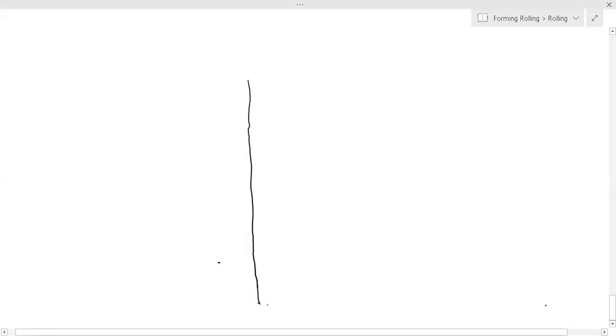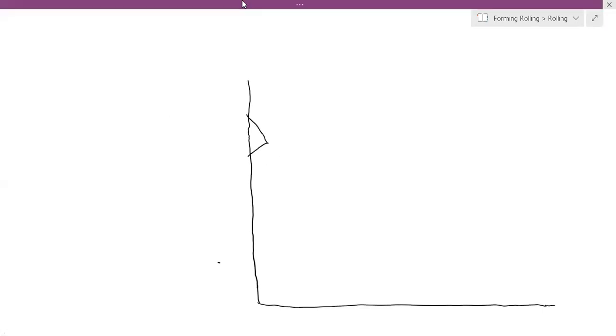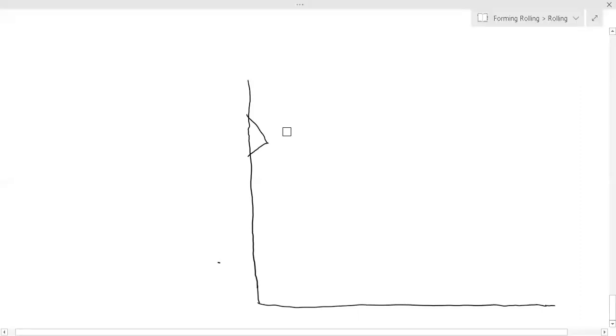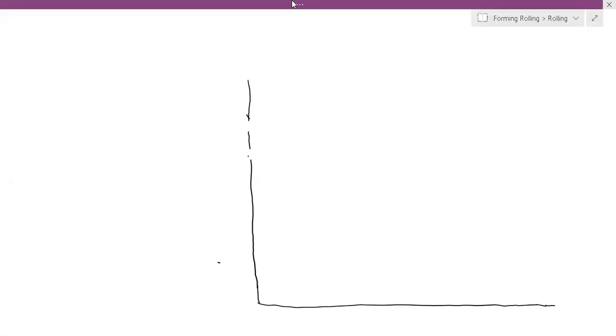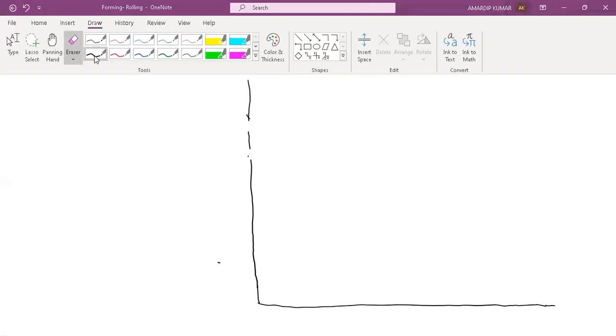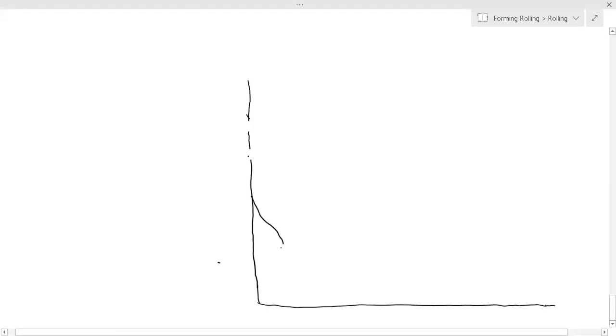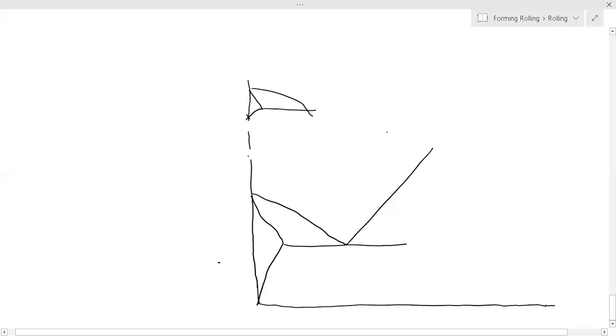Anybody remember iron carbon equilibrium diagram? Do you remember this curve? Anybody remember this?